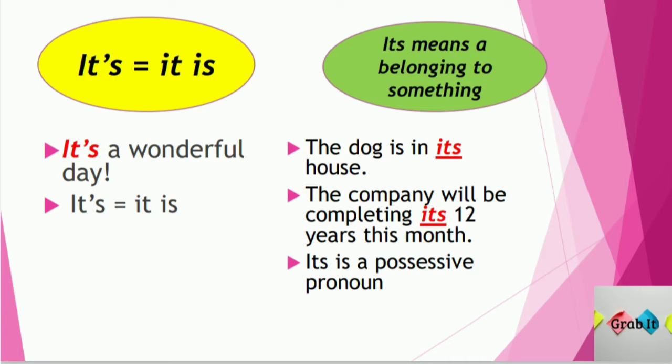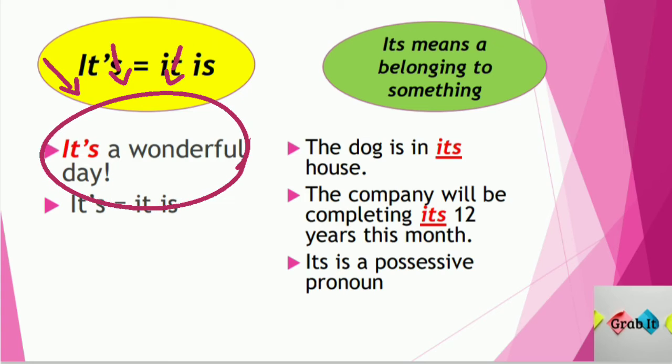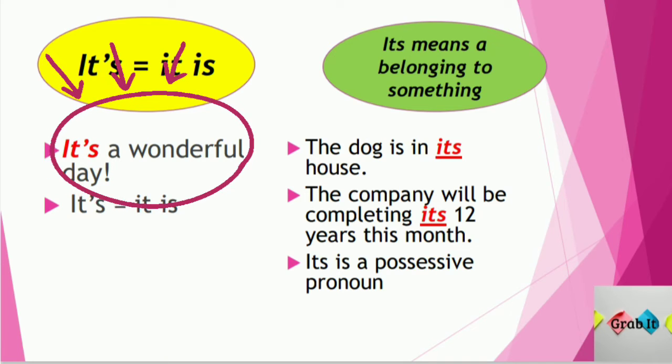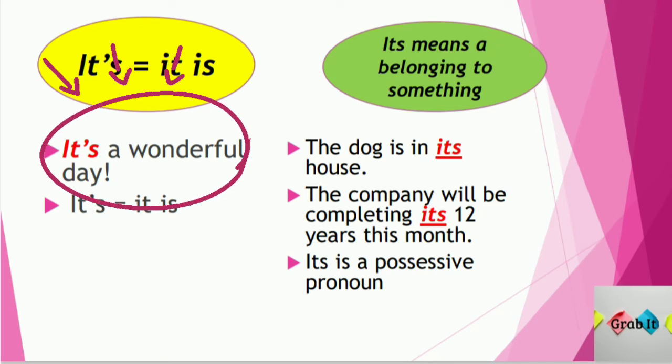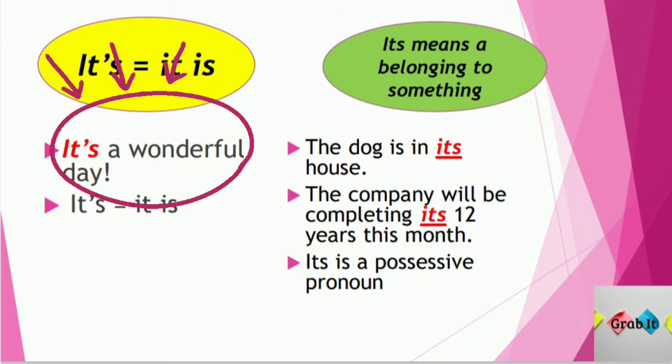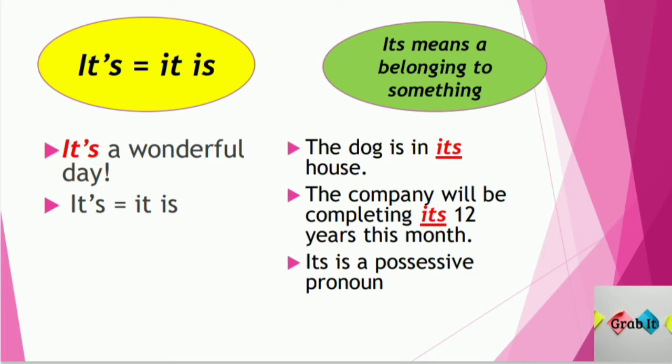Now, let's have a look at the example. It's a wonderful day. Here, it means it is a wonderful day. While if I see the other one, which is its without an apostrophe, it means belonging to something. If something belongs to something, then we use its without an apostrophe. Let's look at the examples first.